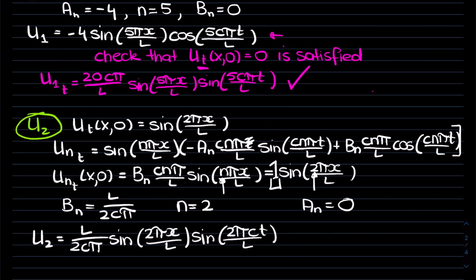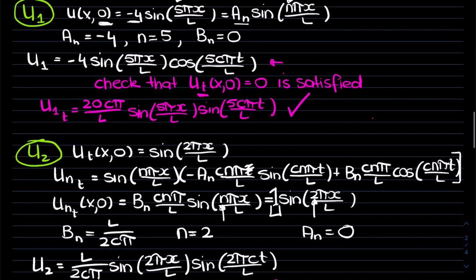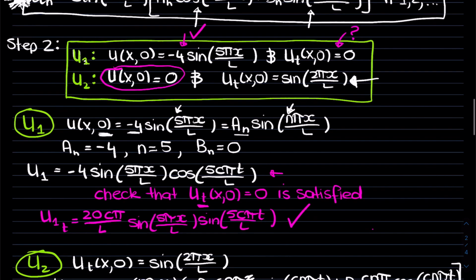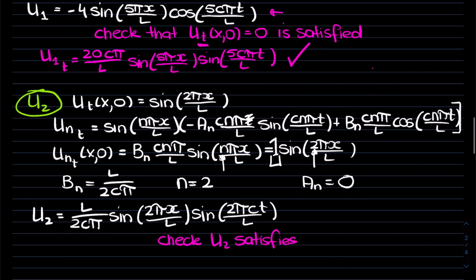Now again, just like the first example, the first u1 up there, we need to check that u2 satisfies our other condition up here, u(x, 0) equals 0.